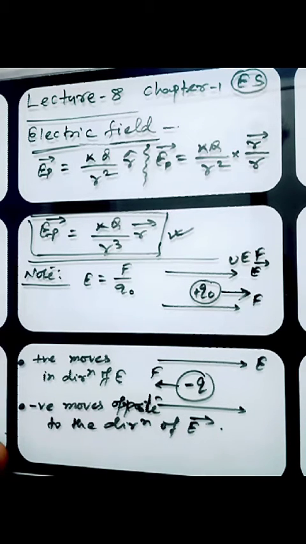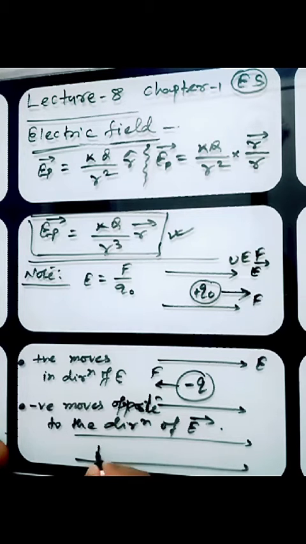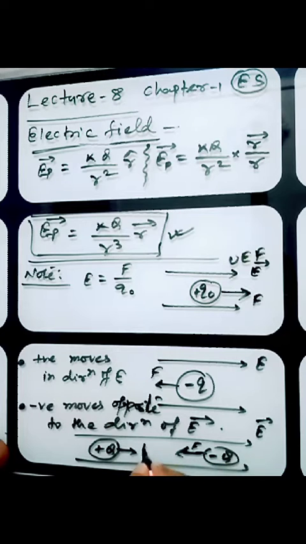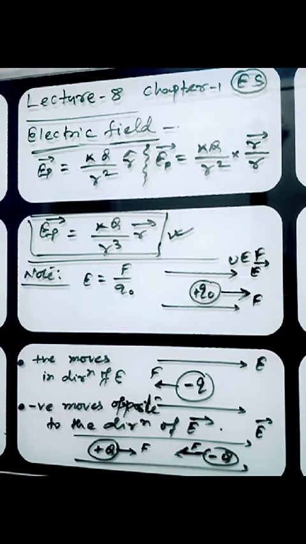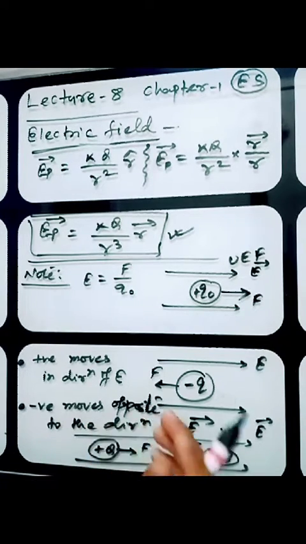Very simple: if this is the electric field and we place a positive charge, it will start experiencing force in this direction. We place a negative charge, it starts experiencing force in this direction. A positive charge moves along the direction of the electric field, a negative charge moves opposite to the direction of the electric field.